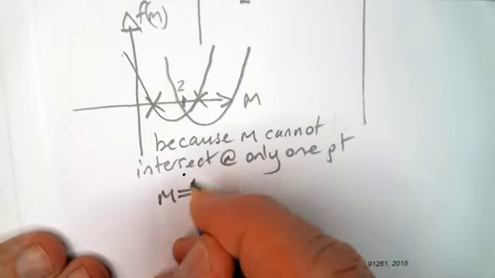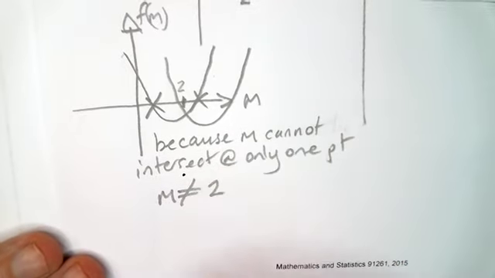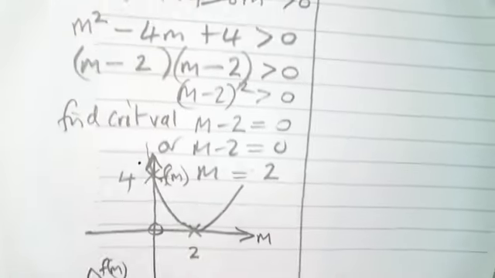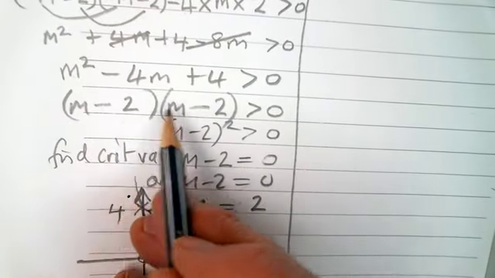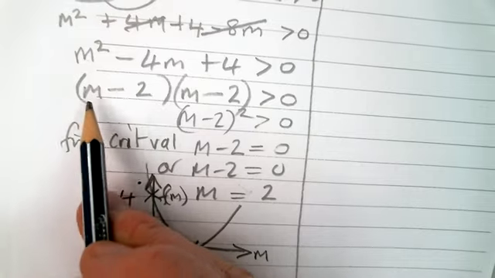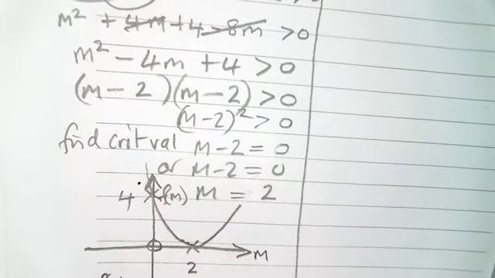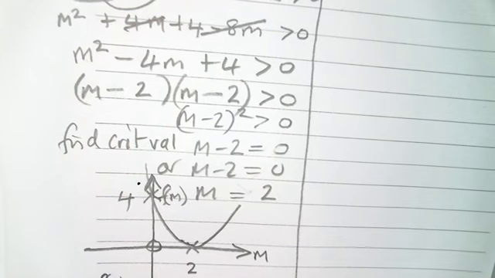M cannot equal 2. So if we go back to the equation here, in other words, m cannot be 2, and that makes sense, because if m was 2, 2 minus 2 is 0, and that is not greater than 0. So that's the first thing which we're noticing. It cannot be 2.